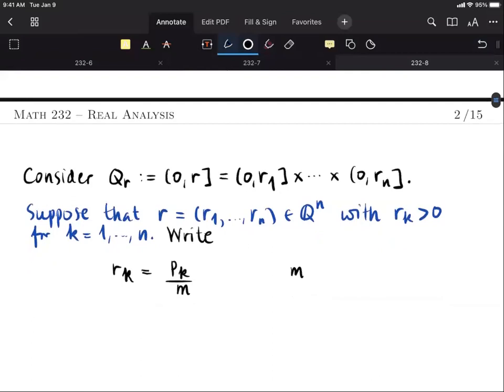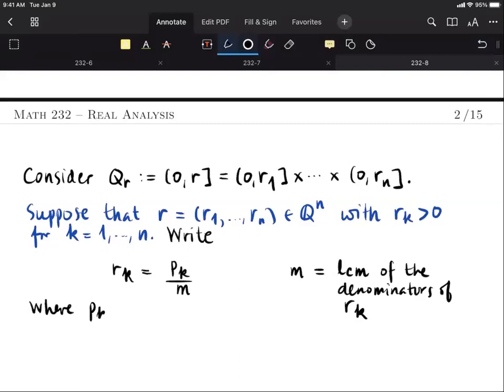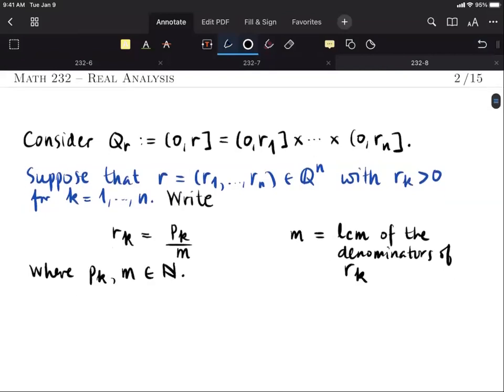However, we can make the rational numbers have the same denominator by taking m to be the least common multiple of the denominators of r sub k. Since the rational numbers r sub k are positive, we can choose p sub k and m to be positive integers as well.